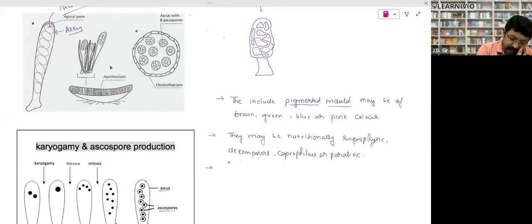Right? So that kind of nutrition. Mycelium may be septate, and you know what a septate is?